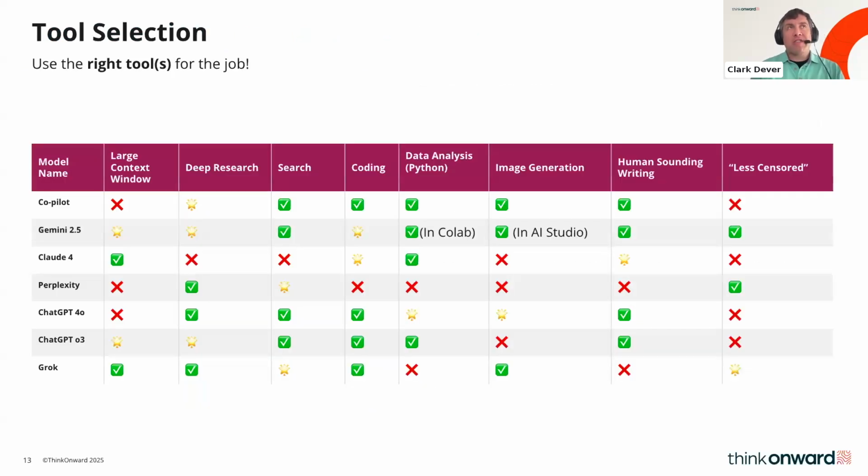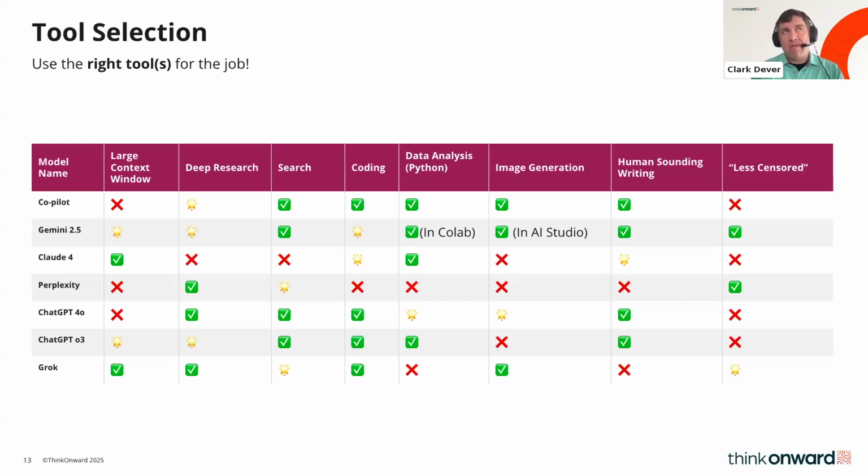From a tool selection standpoint, it's about picking the best model for the task. It's changing and evolving all the time. I would say that there are always trade-offs between depth of response, cost, accuracy, and speed.